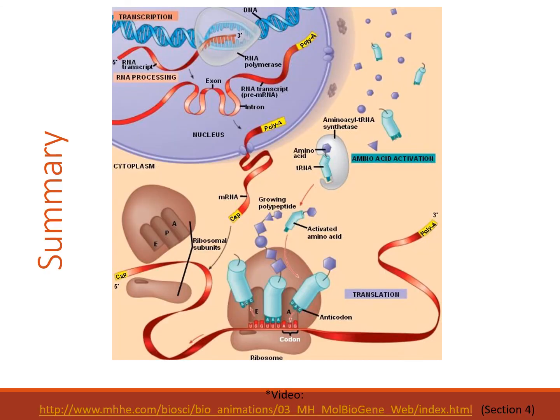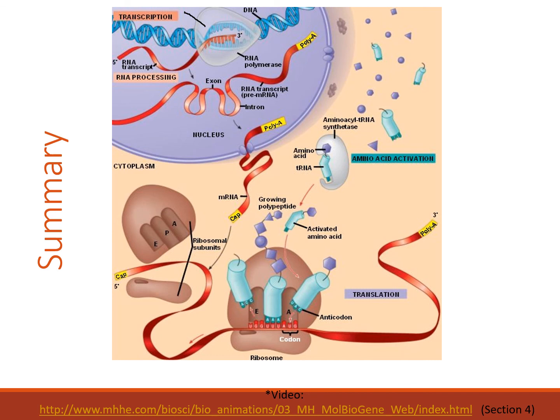So here we see a summary of everything that we've talked about in terms of gene expression. So in the nucleus at the top here, we have our DNA being used as a template to form the RNA transcript. So we see that teardrop-shaped protein, which is RNA polymerase, that is assembling that messenger RNA. Then that messenger RNA has to be processed.